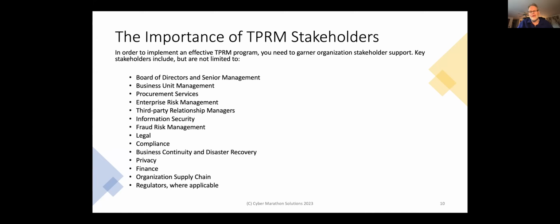So when you think about information sharing of confidential information with third parties, privacy definitely is a critical topic. Finance, obviously, because you need to have a way to check on the financial health of third parties. And then your actual third, fourth, and fifth parties, understanding what the supply chain is.